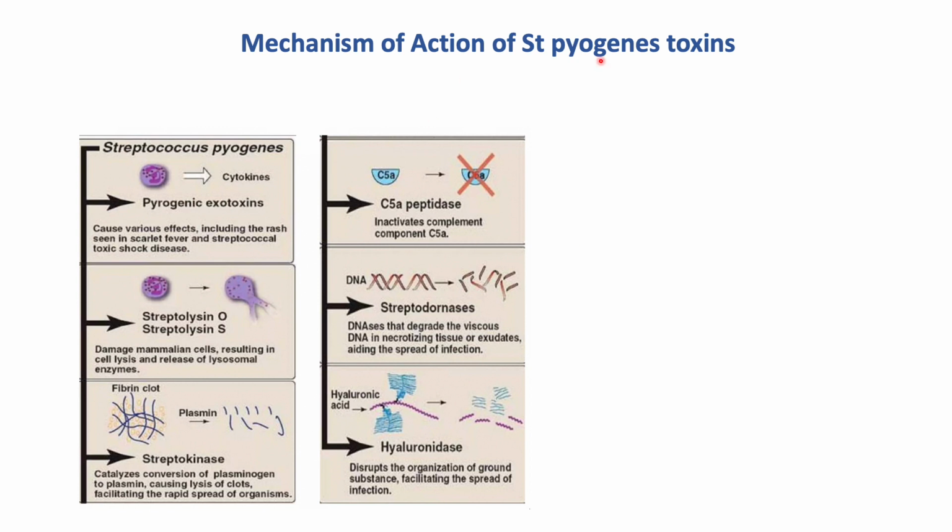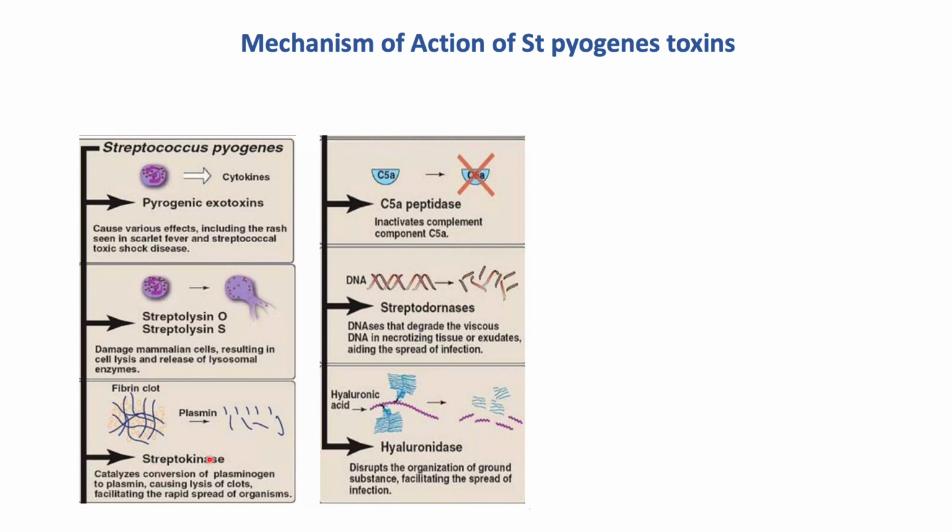Here's an overview of the mechanism of the cytolytic toxins and other enzymes produced by Streptococcus pyogenes. The pyrogenic exotoxins produced by the bacteria cause various effects, including the rash seen in scarlet fever and streptococcal toxic shock disease. Then streptolysins, streptolysin O and streptolysin S, damage the mammalian cells, resulting in cell lysis and release of lysosomal enzymes.